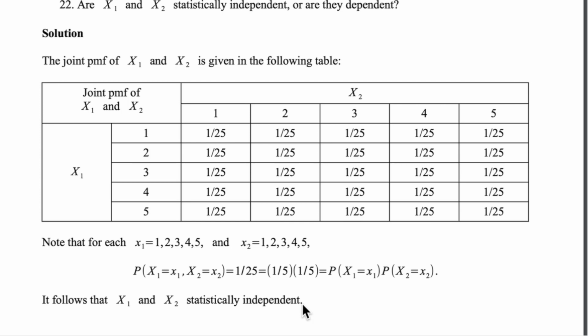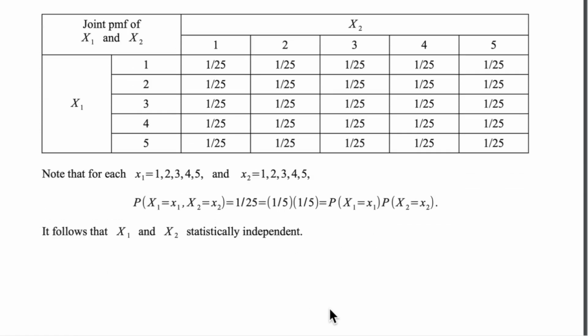The random variables comprising our sample are statistically independent of each other. Okay, so again, we've not proven this result in general, but what we've done is demonstrate the truth of that general result for this particular situation.